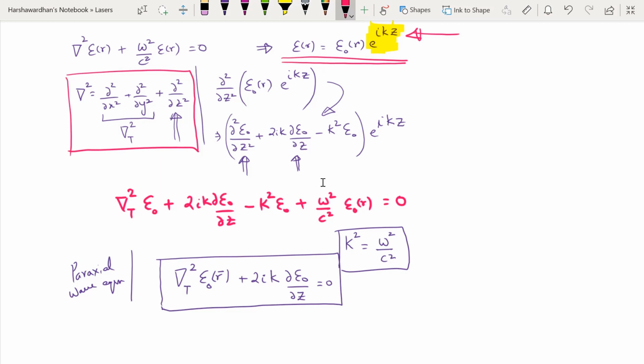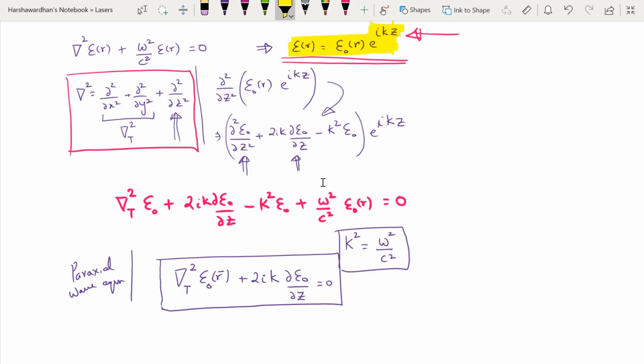This contains the transverse directions, and we retain it as it is because the slowly varying envelope approximation that we did has to do with the propagation along z. So let me plug in this ansatz which I have chosen into this equation and do the second derivative with respect to z.